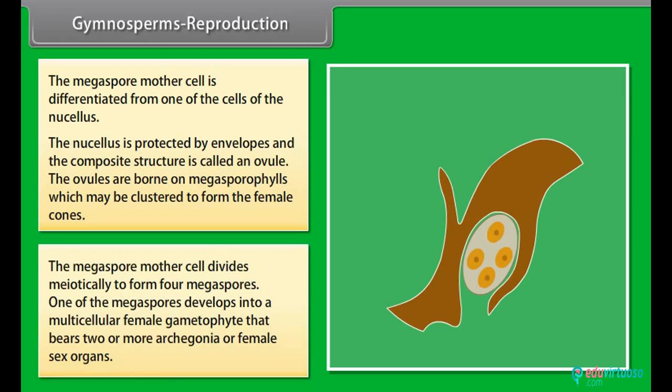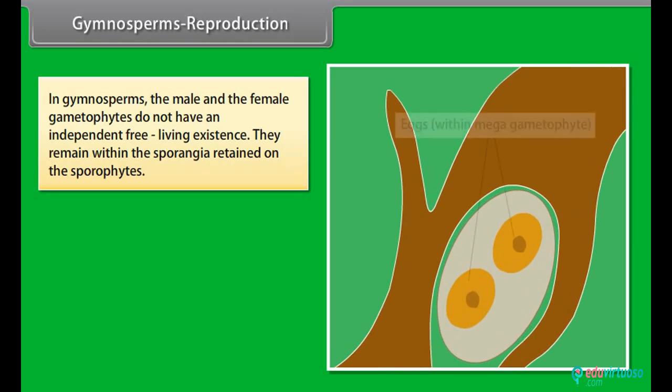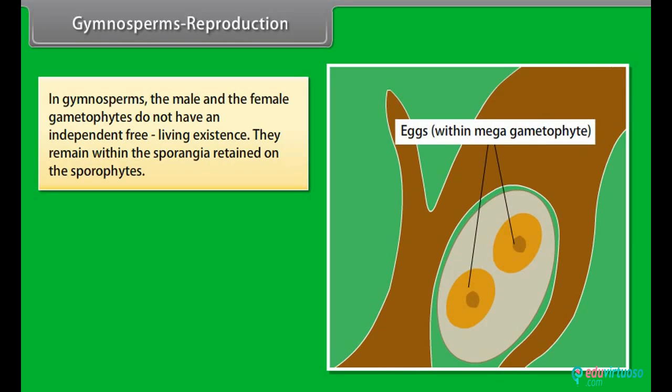One of the megaspores develops into a multicellular female gametophyte that bears 2 or more archegonia or female sex organs. In gymnosperms, the male and the female gametophytes do not have an independent free-living existence. They remain within the sporangia retained on the sporophytes.